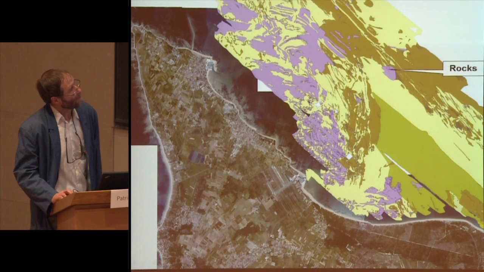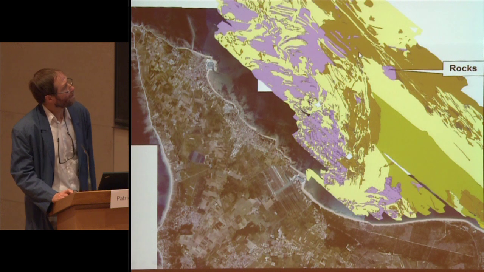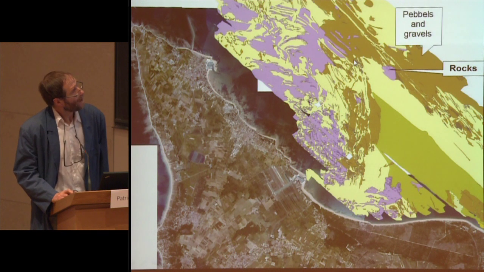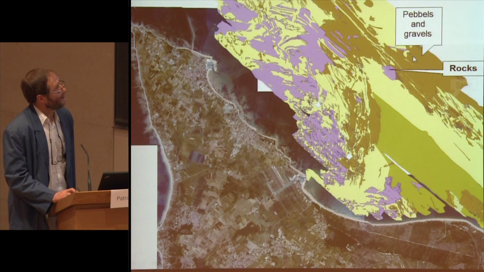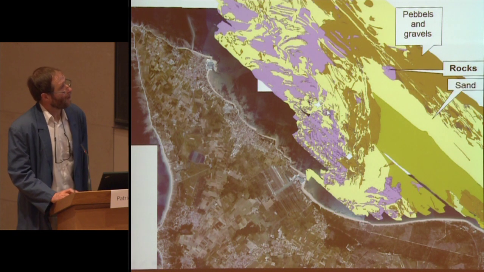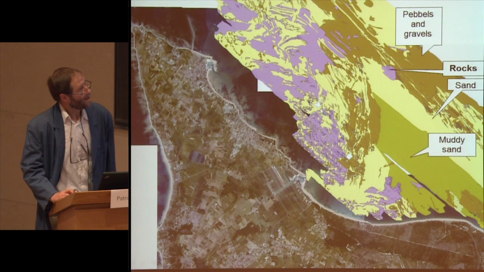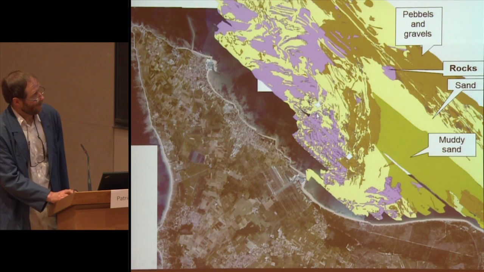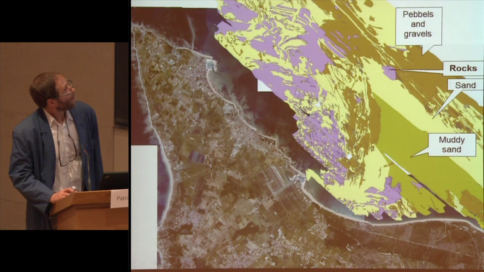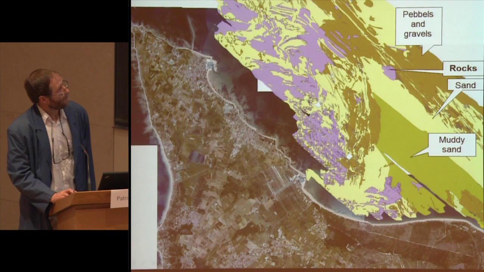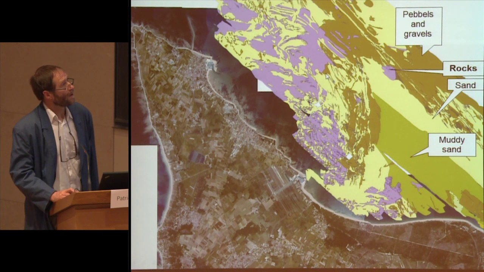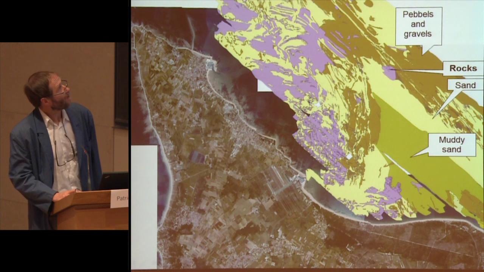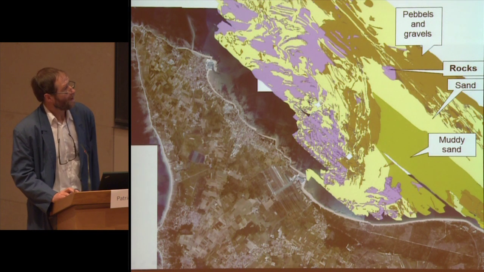Here you have rocks in pink color, pebbles and gravels in brown, sands in yellow, and muddy sands in green. You can see a decreasing of particle diameter from the offshore area north of the picture to the southeast.